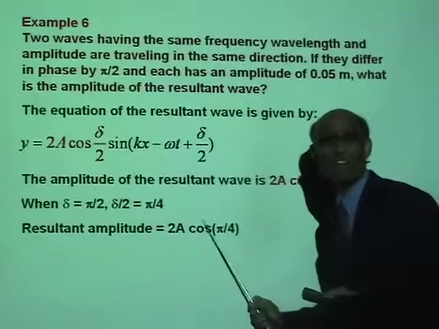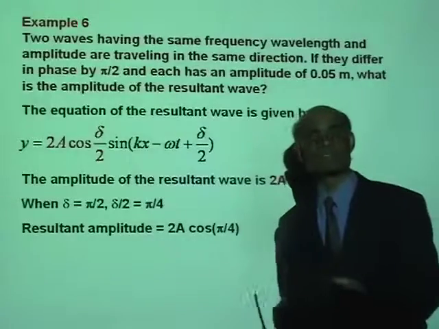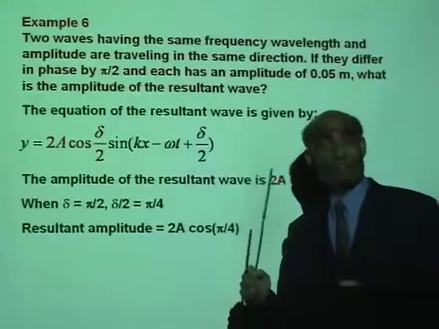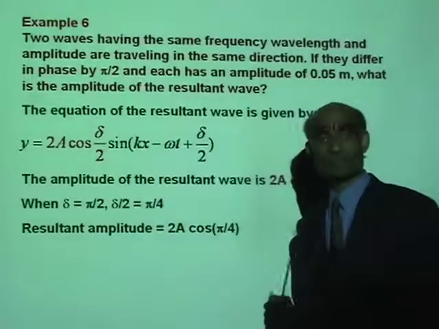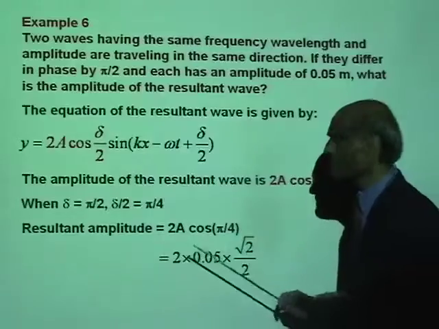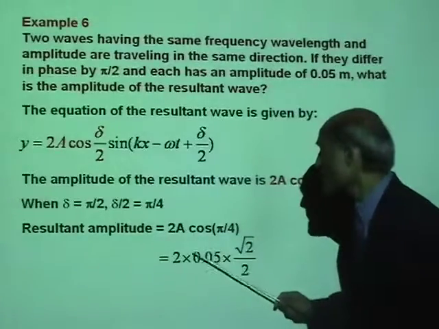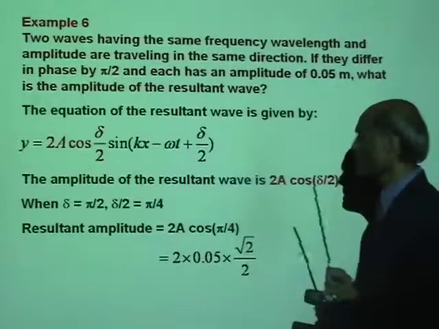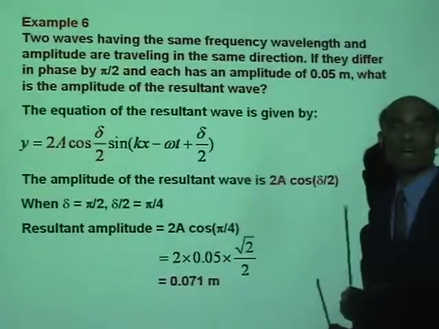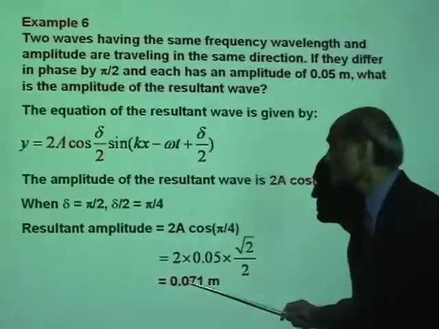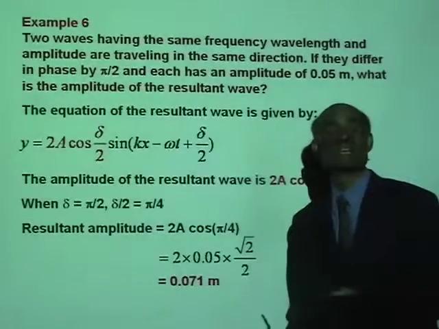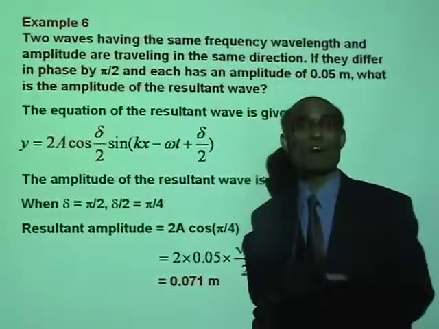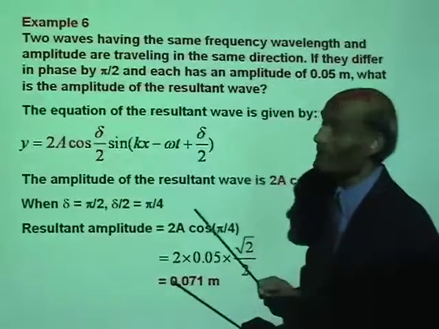Anybody tell me what is the value of cos pi/4? Don't you know that? Cos pi/4 is square root 2 over 2, 0.707, I think. That will be 2 times 0.05 times square root 2 over 2. And that gives you 0.071 meter is the resultant amplitude due to the superposition of the two waves. Okay, let's do one more problem.